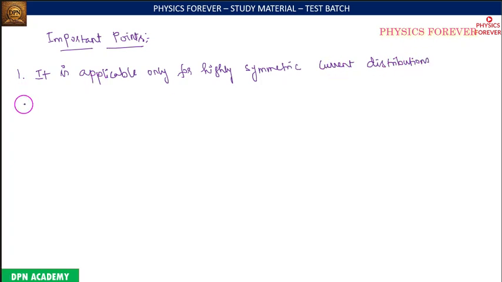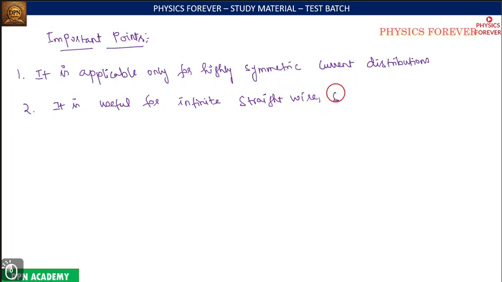The most important. Then second one, it is useful for infinite straight wire, then solenoid and toroid.